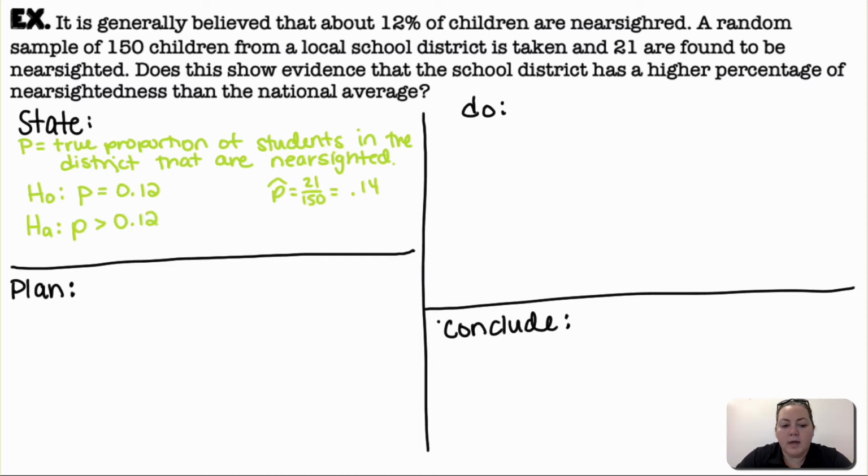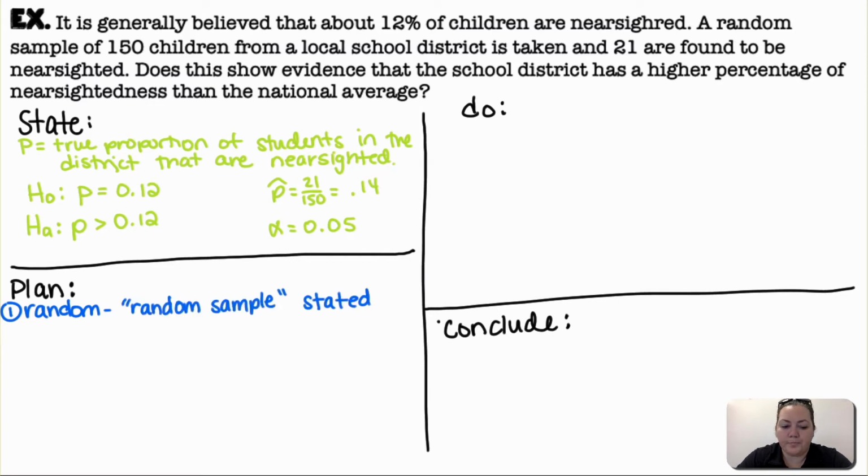I'm going to go ahead and calculate p hat here in this state section. P hat would be the 21 out of the 150 that were sampled, which is 0.14. Our alpha value is 0.05. If you wanted to put n, you could as well. Our random, 10%, and large counts conditions need to be checked here.